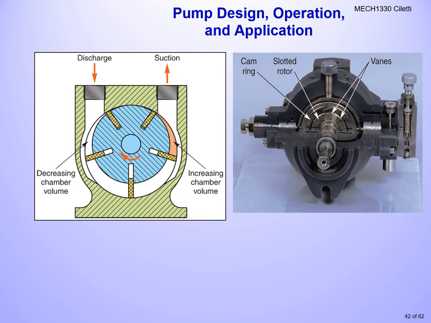You can see in the other picture on the right-hand side the vanes that are up and the ones that are out. It takes that centrifugal force as it rotates around to throw those vanes in and out of the system to pump it around.